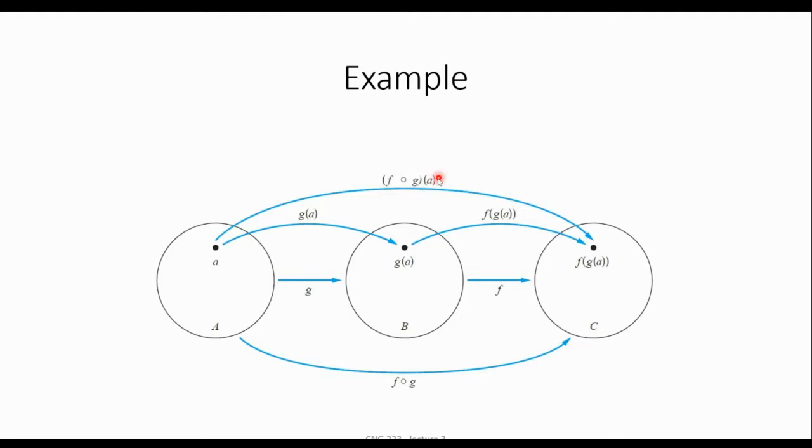What is a? a actually belongs to the first set you see here. So you insert it inside this function. But how do we calculate that? First, you insert it inside g. As soon as you calculate it, then you use this one as the input of this function.